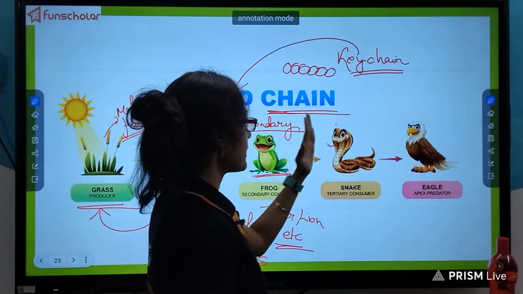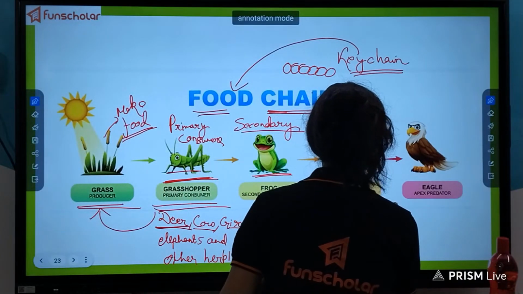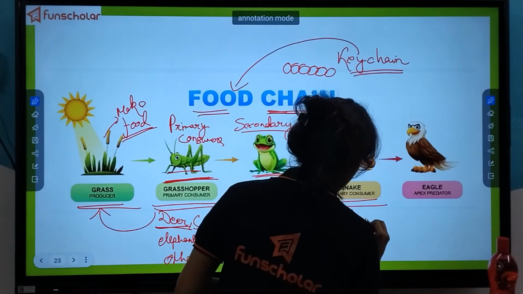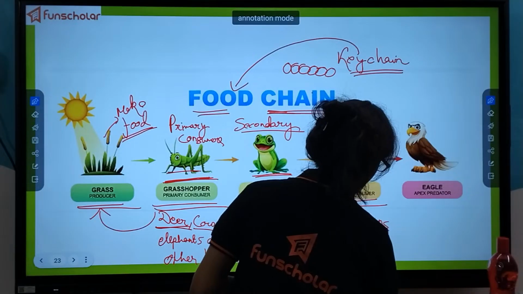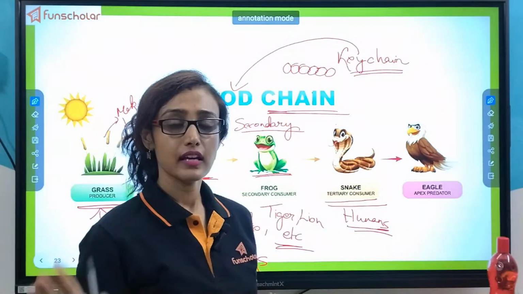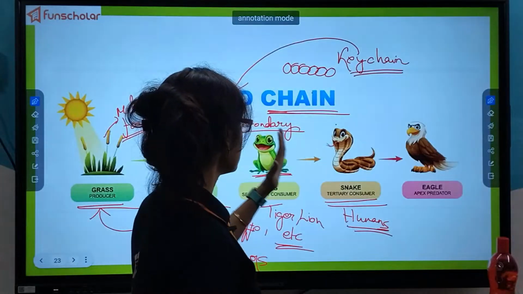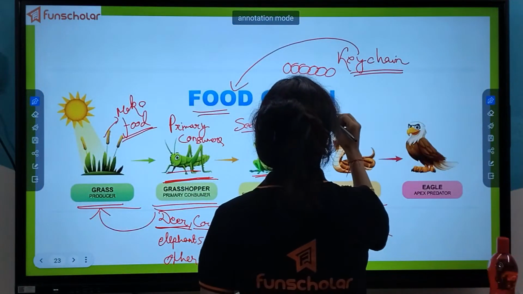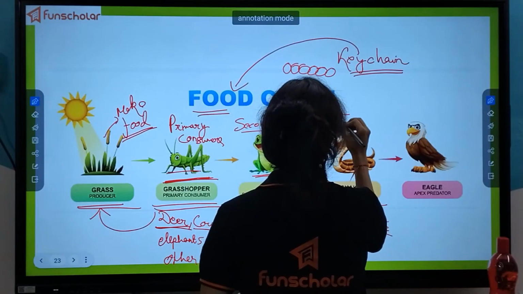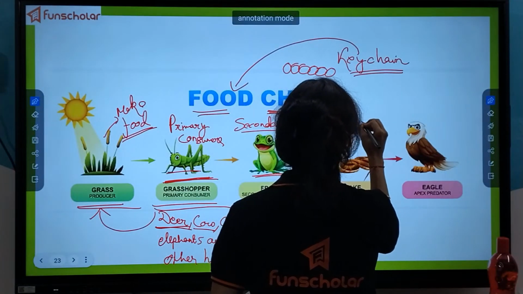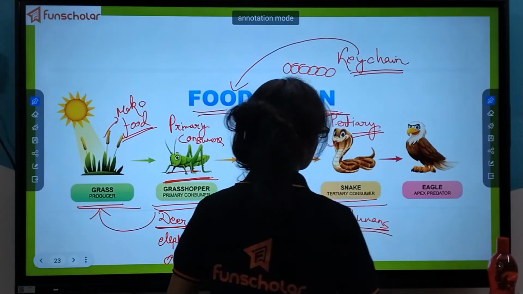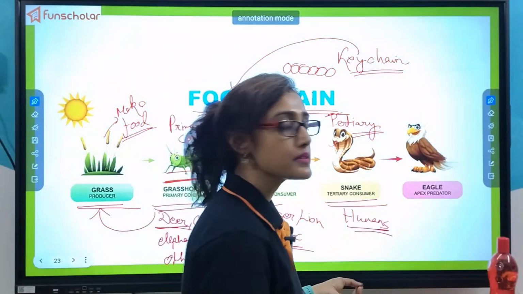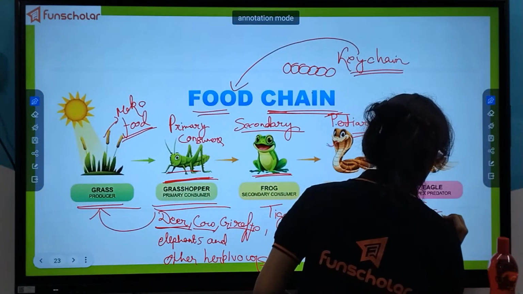Okay. Now come the tertiary consumers like snakes, humans. We do eat chicken, mutton, etc. So we eat the secondary consumers. That is why these are known as tertiary consumers. And after the tertiary consumers die, who comes? The scavengers.